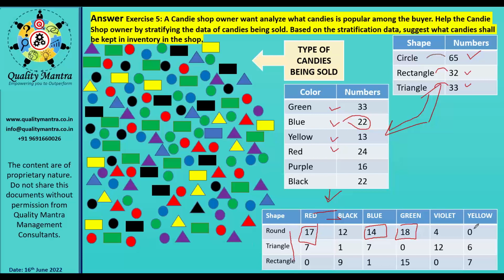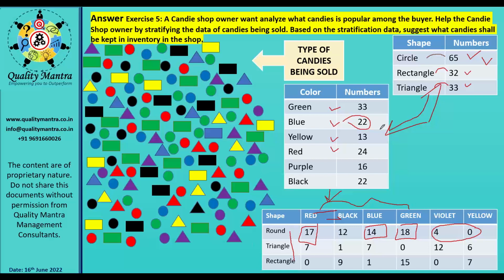So basically, if you say that for circular the maximum demand is there, but in which color? Except for the violet and yellow, almost all other colors are in demand. So you will buy red, black, blue and green in a circular shape, which is in the highest demand. First thing is that. Okay.